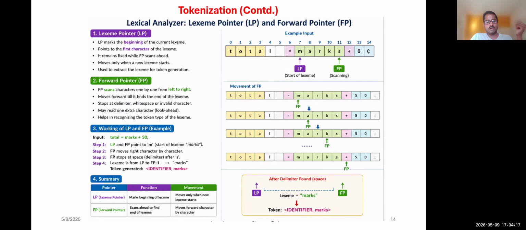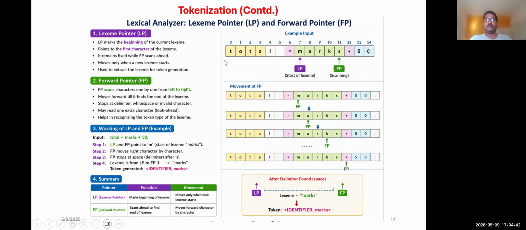Let us take one example: total equals marks plus 50. The same thing is written here and given diagrammatically. You see, everything is loaded in the input buffer.